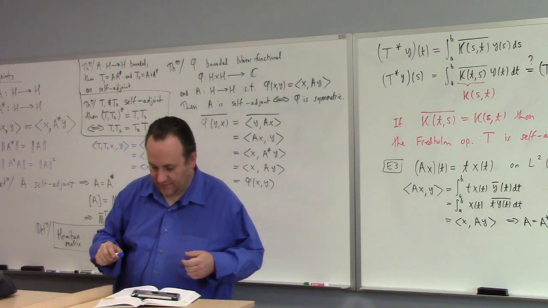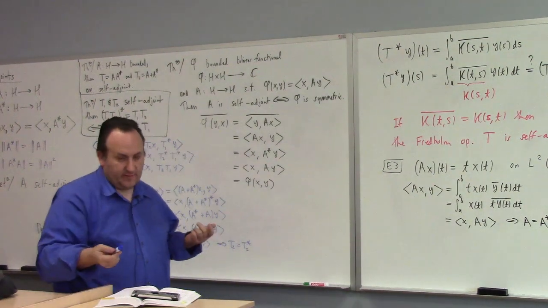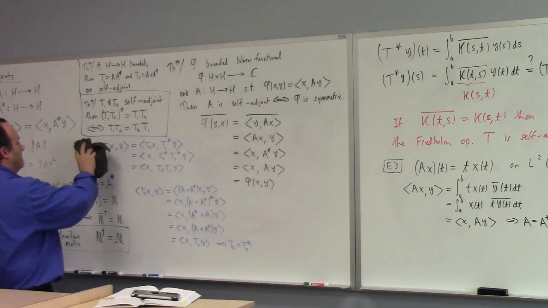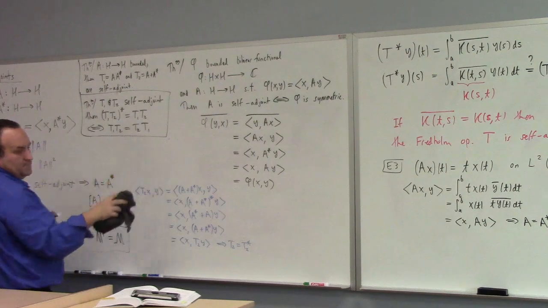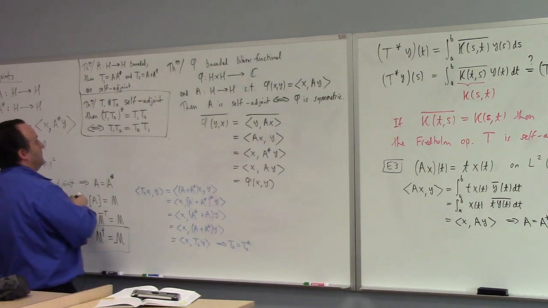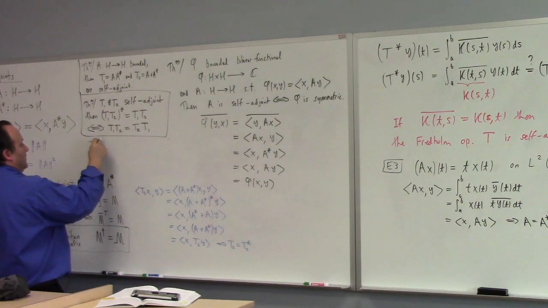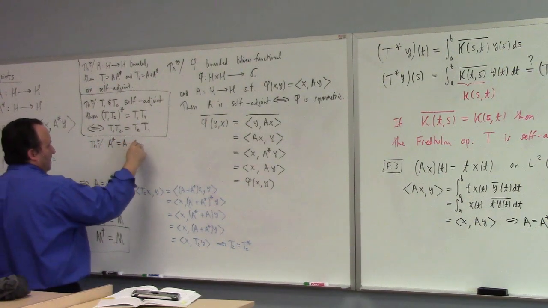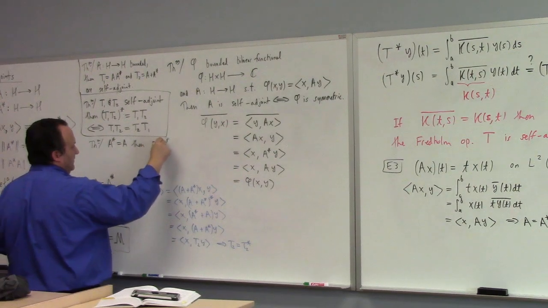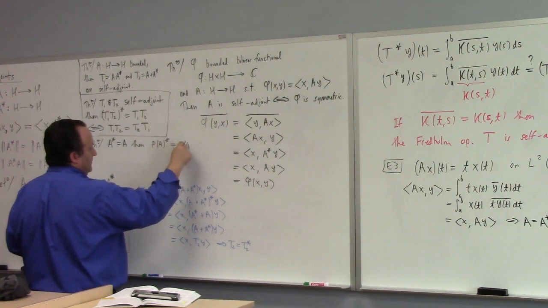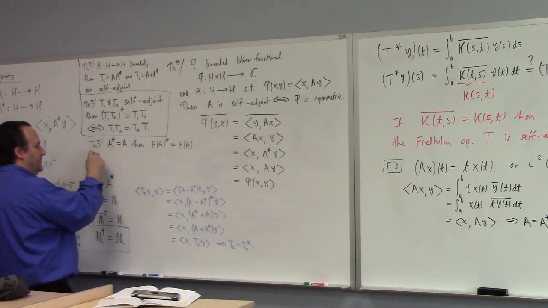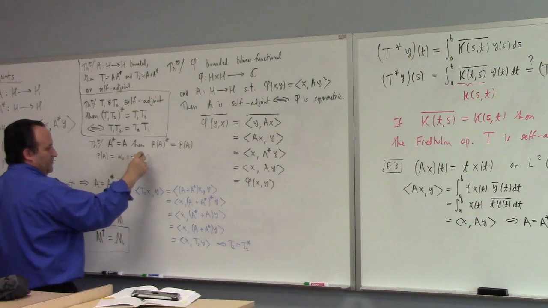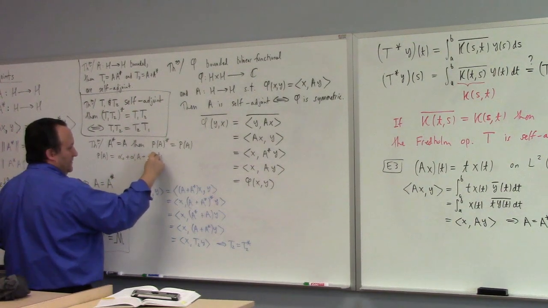If you have a self-adjoint operator, then any polynomial of that operator is also self-adjoint. So if A star is equal to A, then a polynomial in A is also self-adjoint. Where here P of A is understood to be like alpha 0 plus alpha 1 A plus alpha 2 A squared plus dot dot dot.